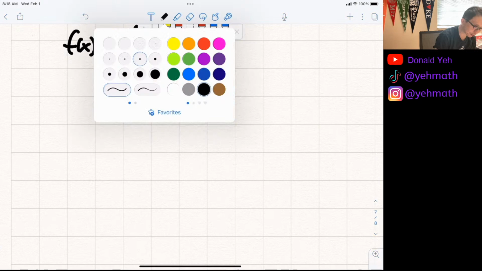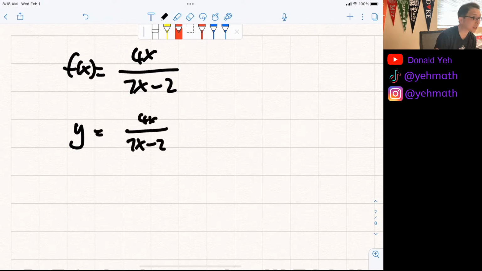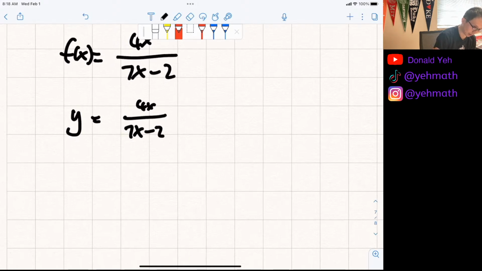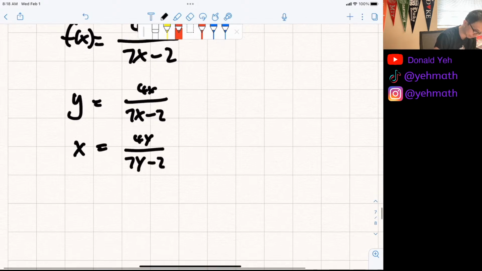All right, so y is equal to 4x over 7x minus 2. You guys didn't find the inverse? Swap: x is equal to 4y over 7y minus 2. It's just like a basic problem.